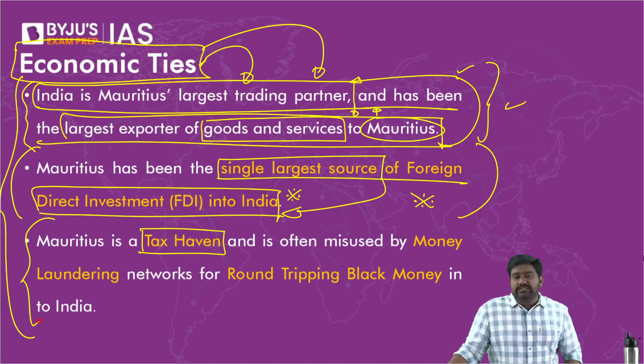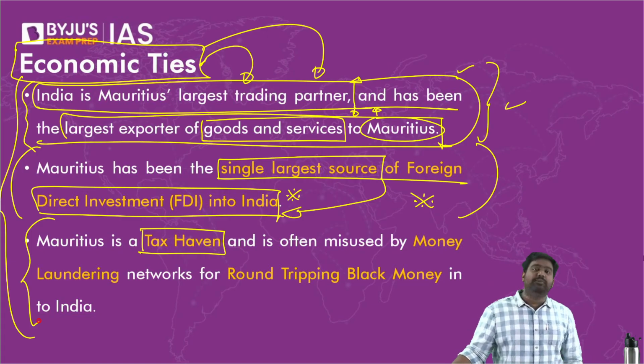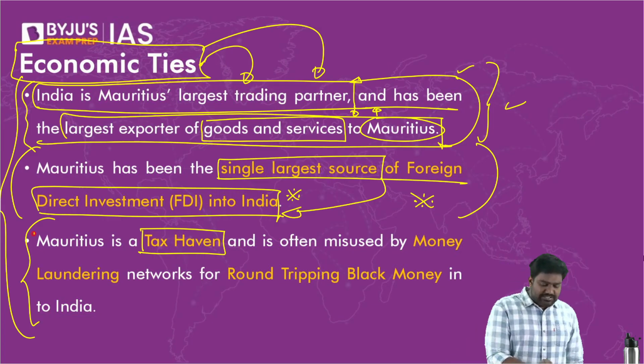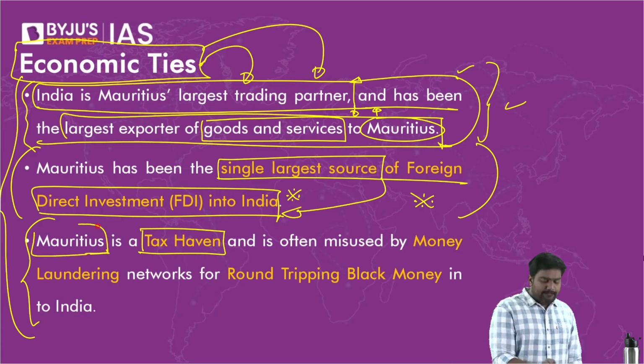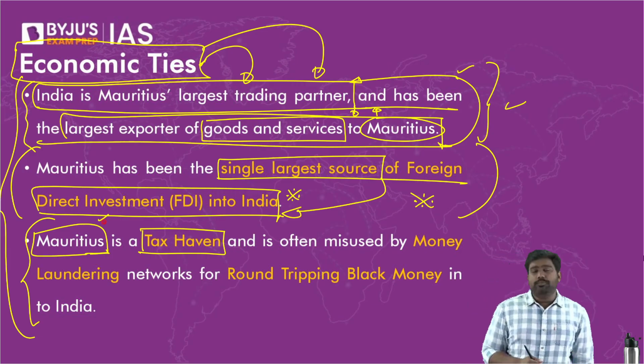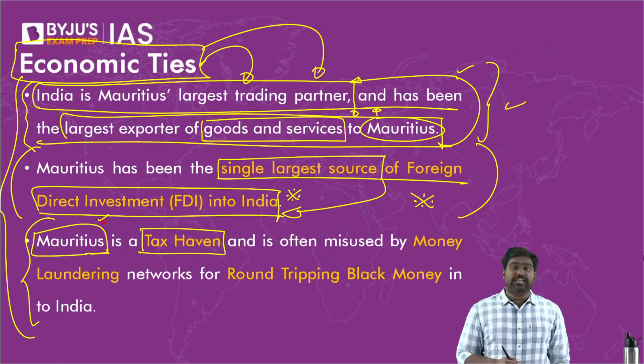Many countries declare themselves a tax haven to attract investments so they can make some revenue by levying very minimal taxation on it. So there are many such tax havens around the world, like Panama, then Liechtenstein in Europe, the Cook Islands, Cayman Islands, Bahamas, right?